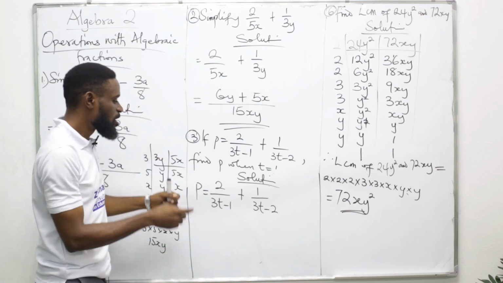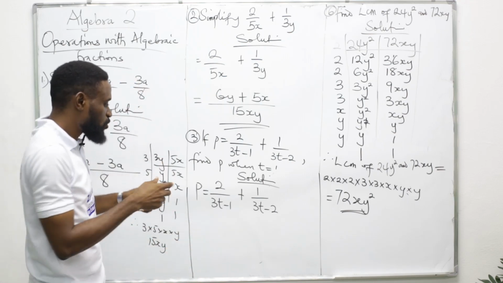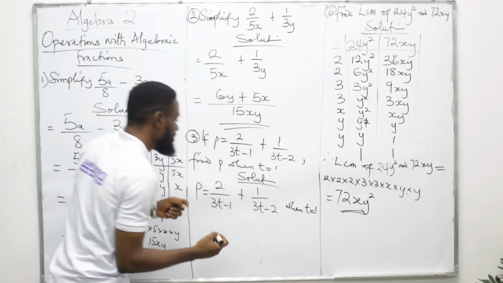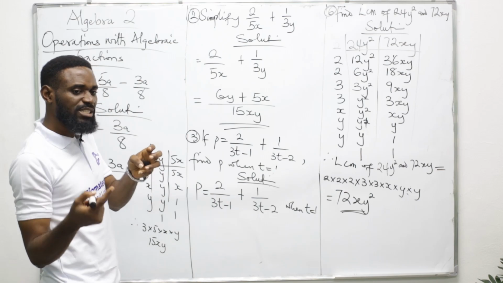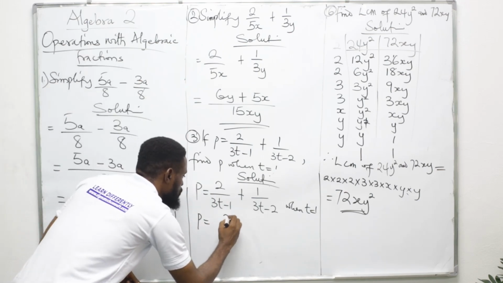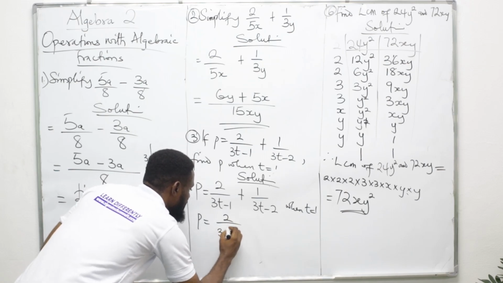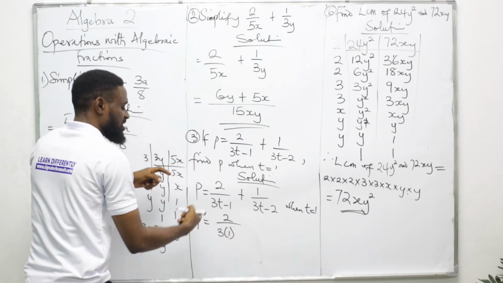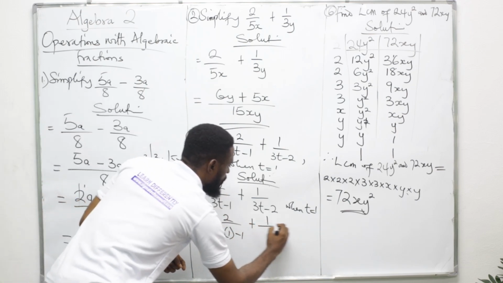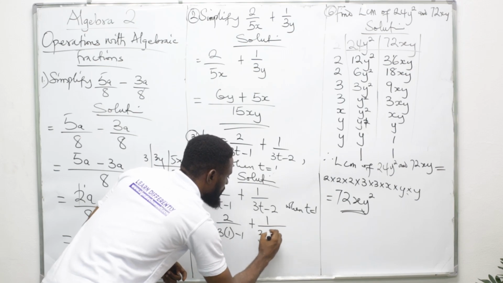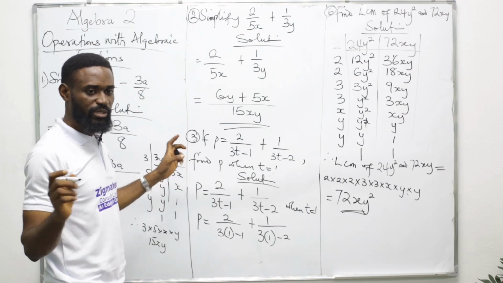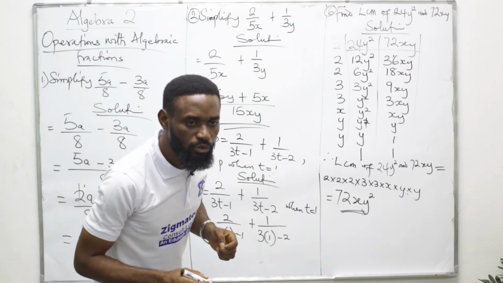What they are asking us to do is substitute the value of t equals 1. It means anywhere you have t, substitute the value of t for what? 1. So P will be equal to 2 all over 3 into 1, because 3t means 3 times t, minus 1, then plus 1 all over 3t is 1 minus 2. Do you get that now? So that is what they're asking us to do.